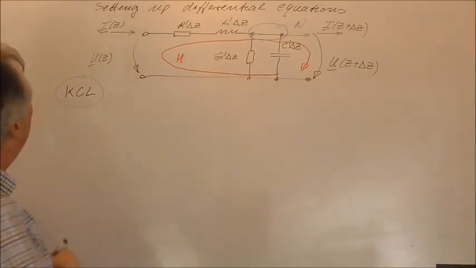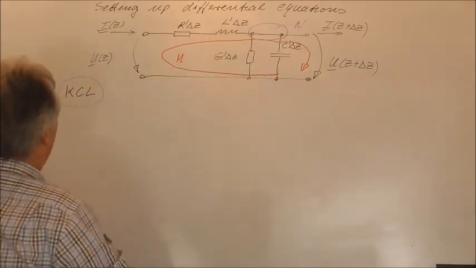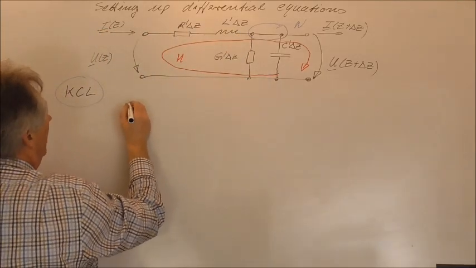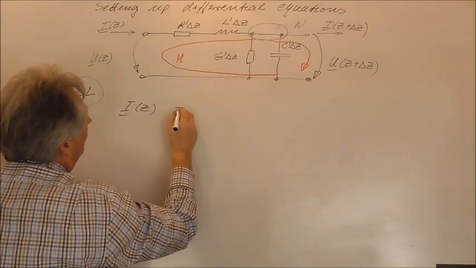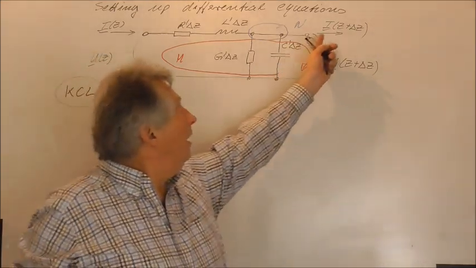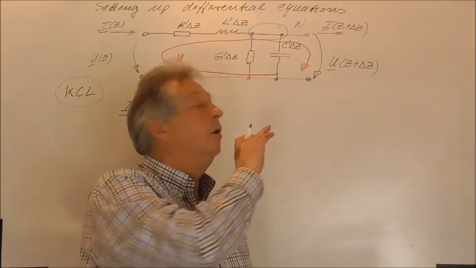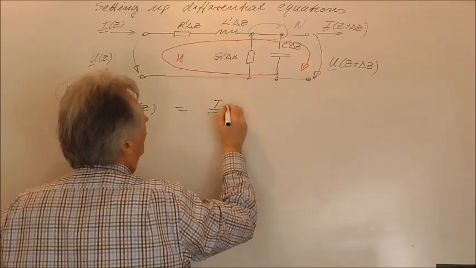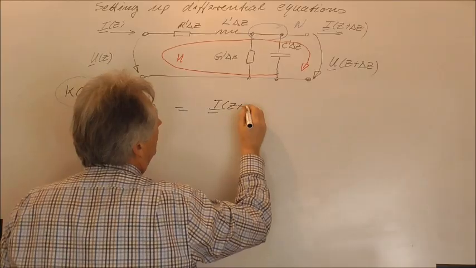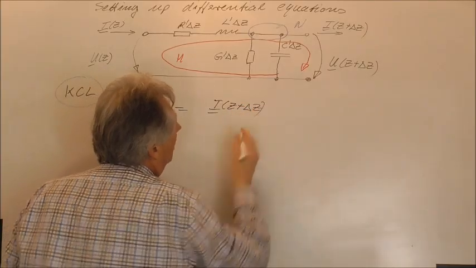And you see the current I of z is flowing into the knot. So we will have I of z will be equal to I of z plus delta z, which flows out of the knot.